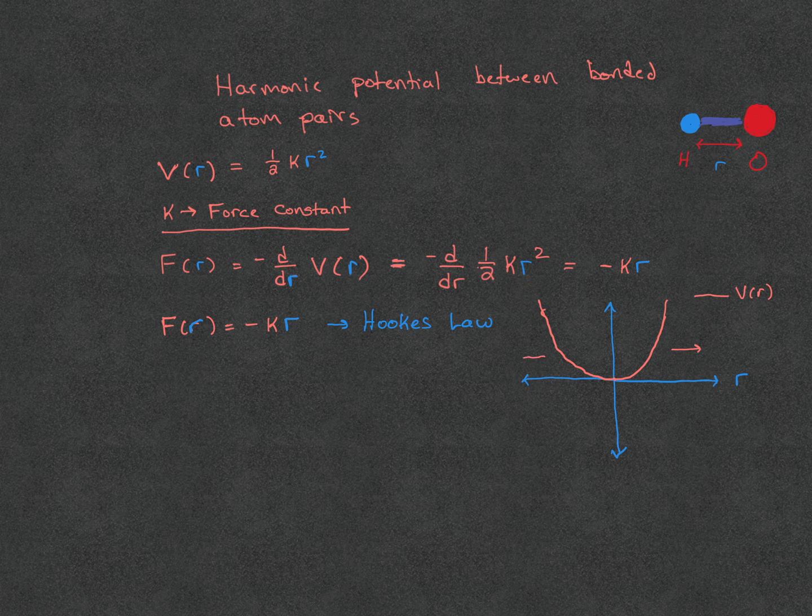And if I push my atoms closer together relative to the separation, the potential goes up, right? So having R greater than 0 means pulling them further away than the equilibrium, and having R less than 0 means pushing them closer together than the equilibrium.